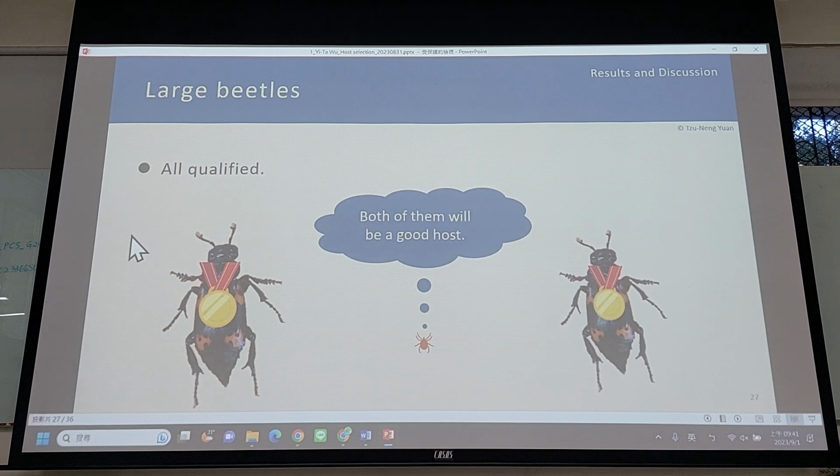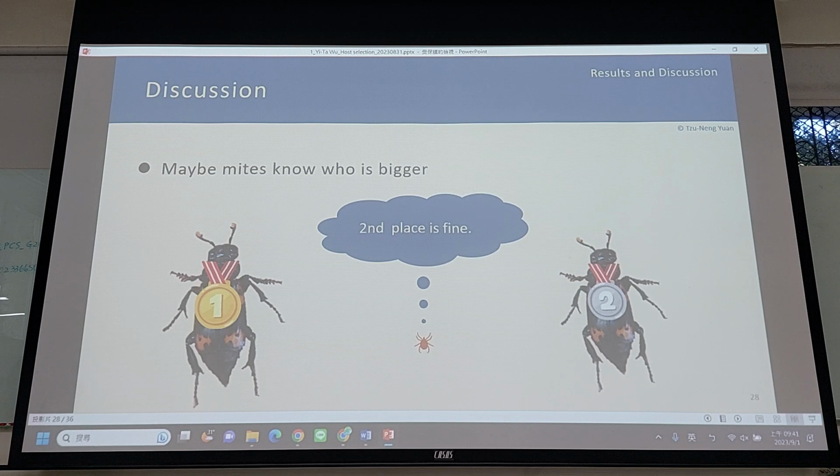But when both of the beetles are large, that means that they are all qualified for bringing you to the next carcass. But our experiment only sees which beetle they choose. We can't tell whether they can really differentiate the two beetles. Maybe the mice know which of the two larger beetles is larger, but they don't care about it.